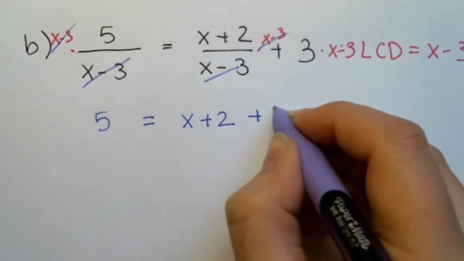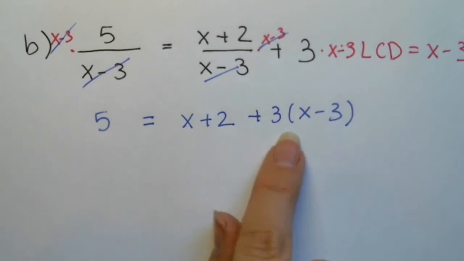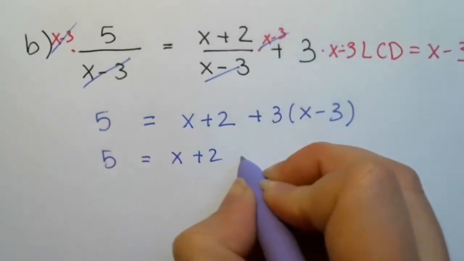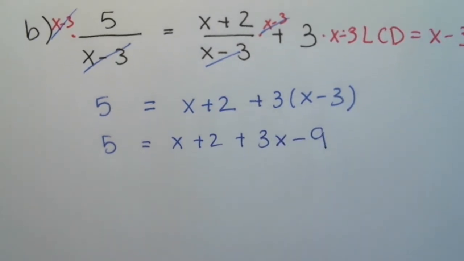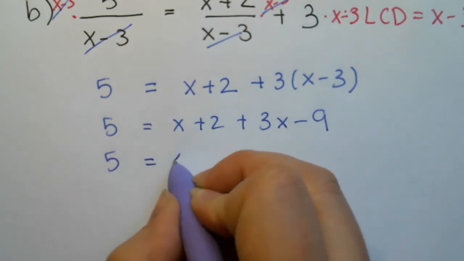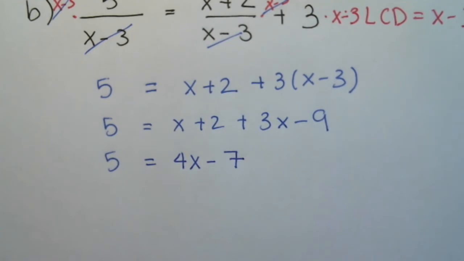And here I have 3 times x minus 3. So I'm going to multiply this out, and I'm going to add up my like terms. So I have 4x minus 7. Now I'm going to finish solving this equation normally.